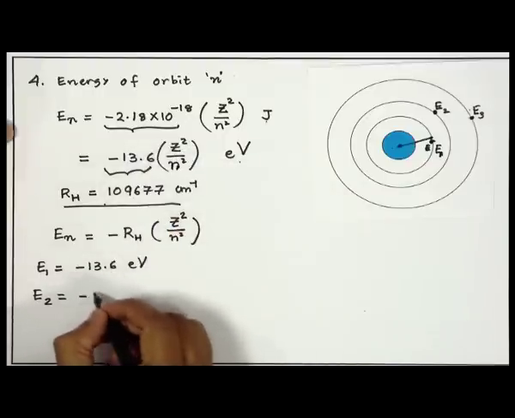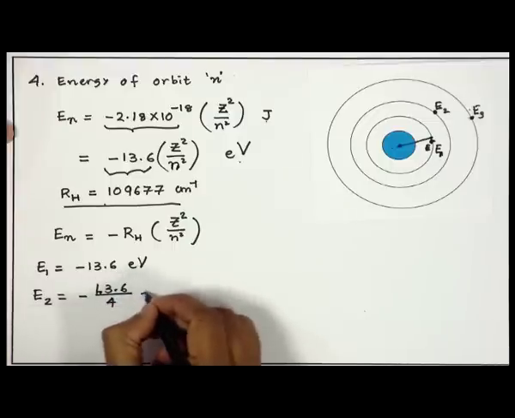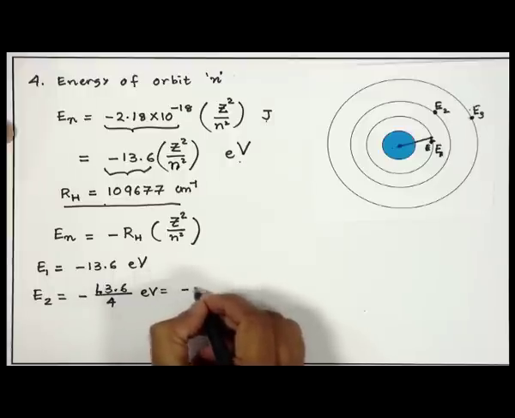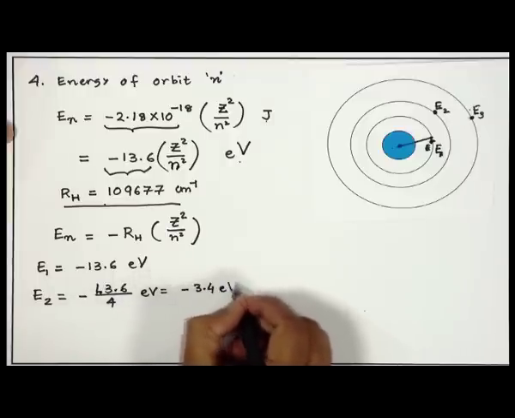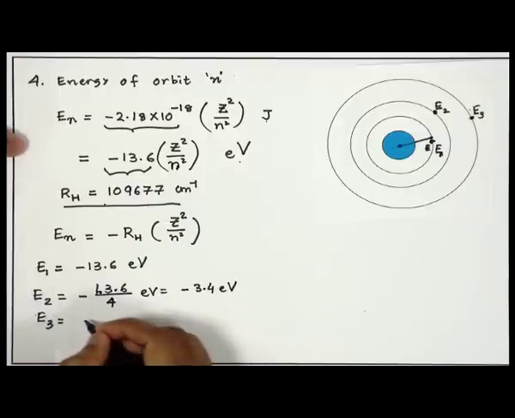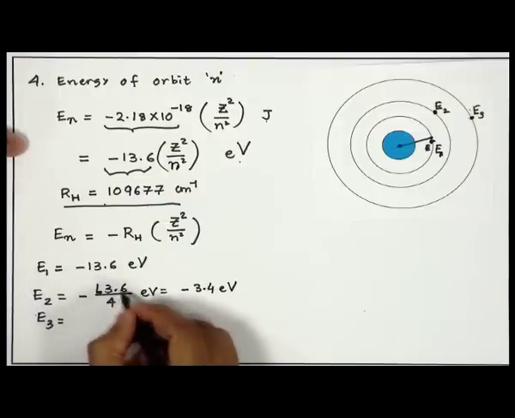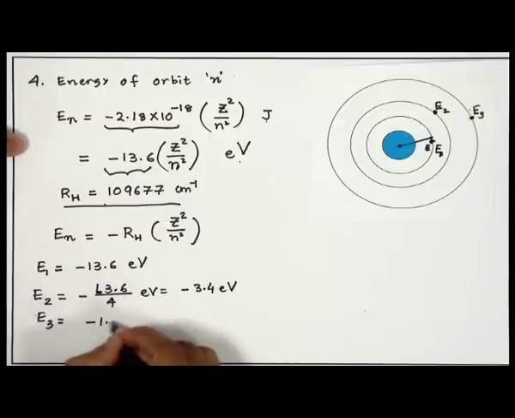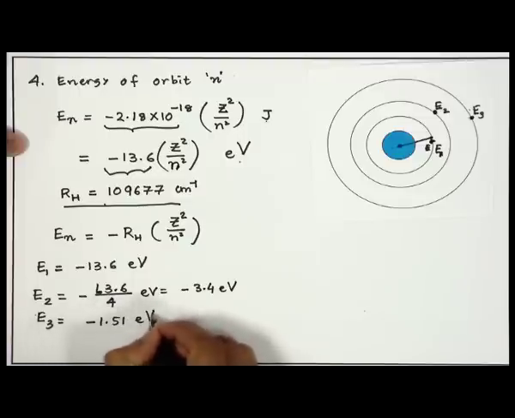So, this comes out to be minus 13.6 divided by 4 electron volt, which is minus 3.4 electron volt. E3, the energy of the third orbit, is minus 13.6 divided by 9, which is minus 1.51 electron volt, and so on and so forth.